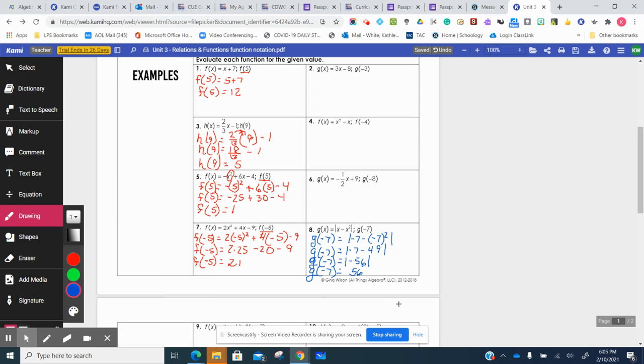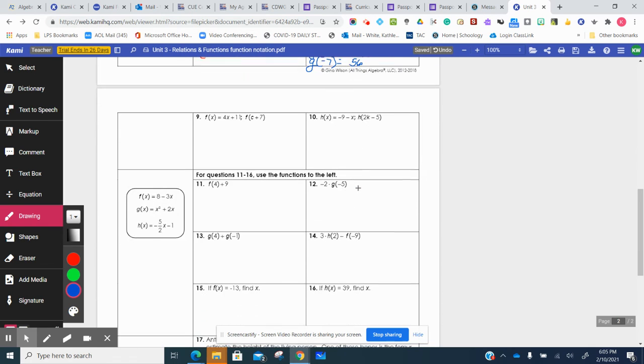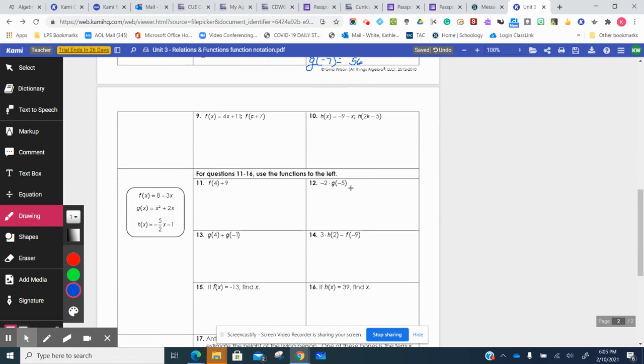Now I'm going to go down to the next page and I just want to show you one of these. So I think I'll do this one because this one seems a little more difficult. And this time, instead of just substituting one number in for x, I'm going to substitute an entire expression. So I am going to substitute 2k minus 5 every time I see x.